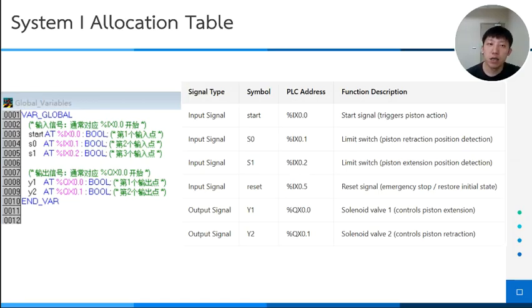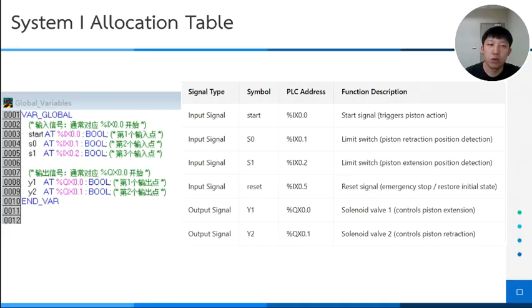This is the I/O allocation table for the homework, which clarifies the PLC address and function of each input and output signal. Input signals include the start signal, limit switches S0 and S1, and the reset signal. S0 detects when the piston is fully retracted.